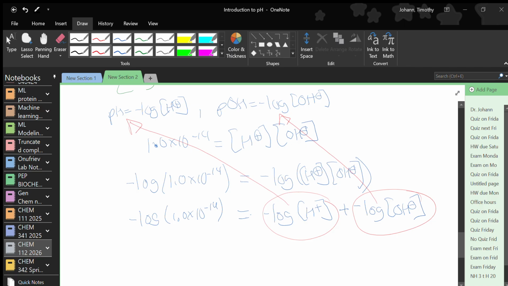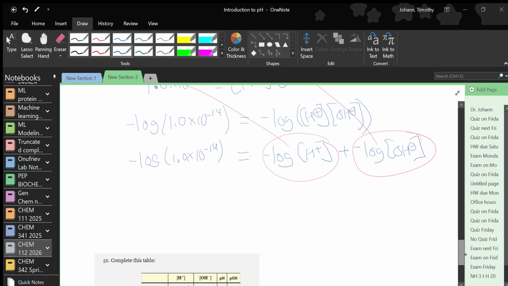Okay, so you'll have a chance to put stuff in your calculator more in our next problem, so I won't have you do that. But we have another equation that'll help us out, and that equation is, this is 14 after I run it through my calculator, is equal to the pH plus the pOH. And the nice thing about this equation is if I know my pH or my pOH, it's easier to get the other one quickly. Okay.